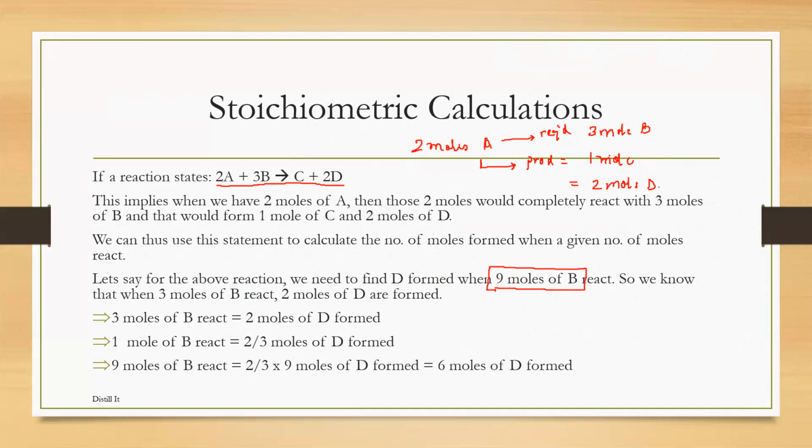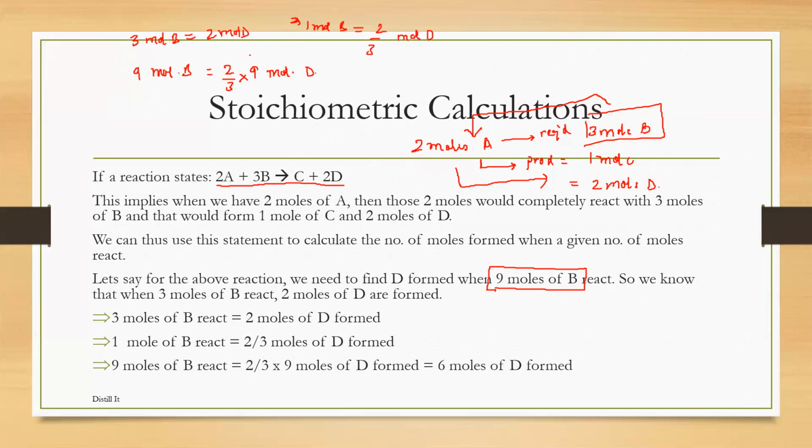We know that when 3 moles of B are reacting, we require 2 moles of A and it produces 2 moles of D. So when 9 moles of B react, we have 2 by 3 into 9 moles of D. Because if 3 moles of B produce 2 moles of D, then 1 mole of B is going to produce 2 by 3 moles of D, and therefore 9 moles of B are going to produce 2 by 3 into 9 moles of D. On the basis of that, we calculate the number of moles of D formed.